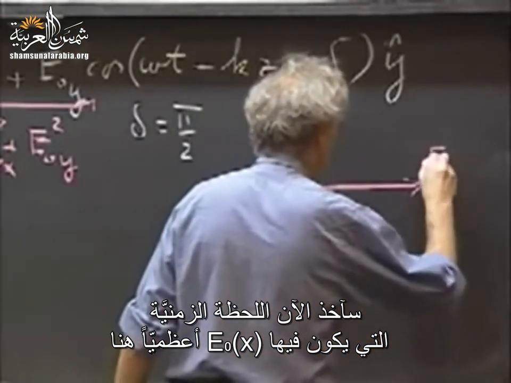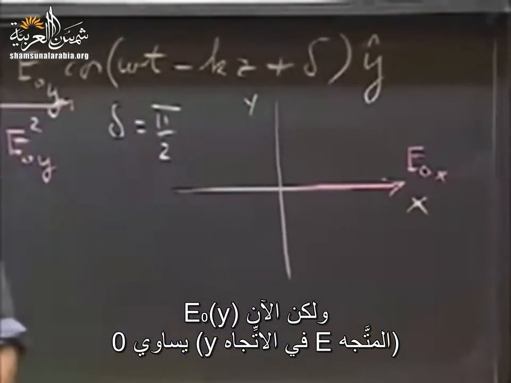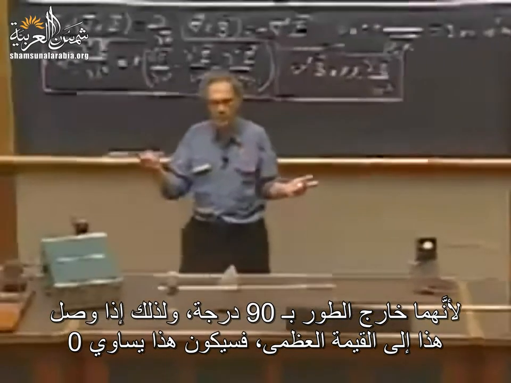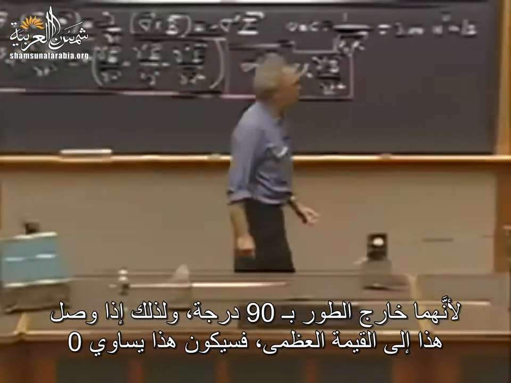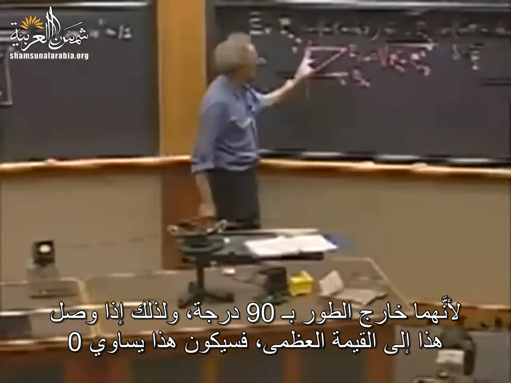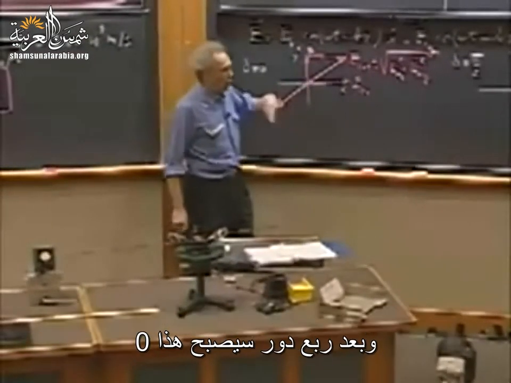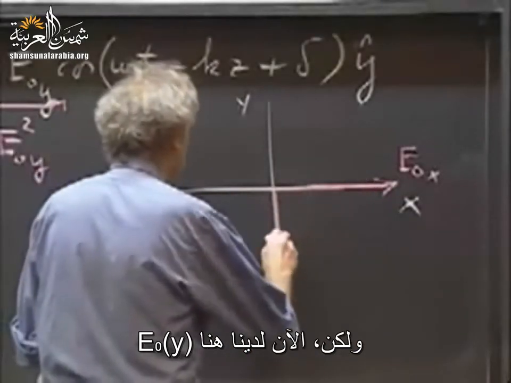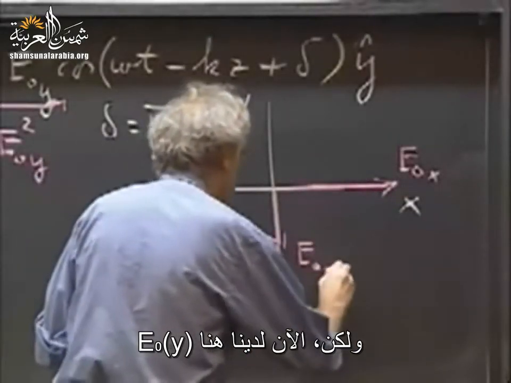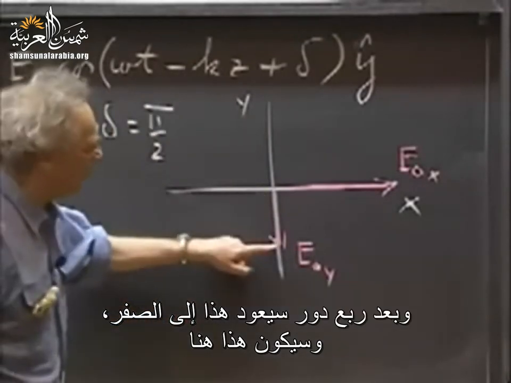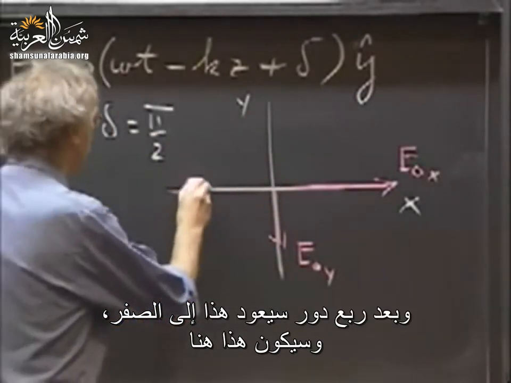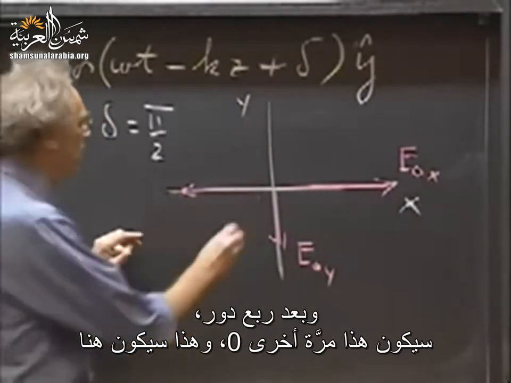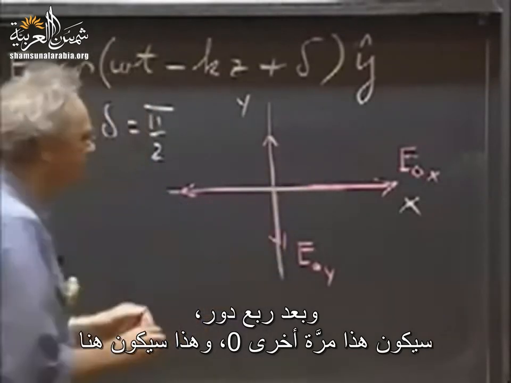But now the E vector in the y direction is 0, because they're 90 degrees out of phase. So if this one reaches a maximum, this one is 0. A quarter period later, this one becomes 0, but now you have E0y here. A quarter period later, this one is back to 0, and now this one is here. And a quarter period later, this one is again 0, and this one is here.